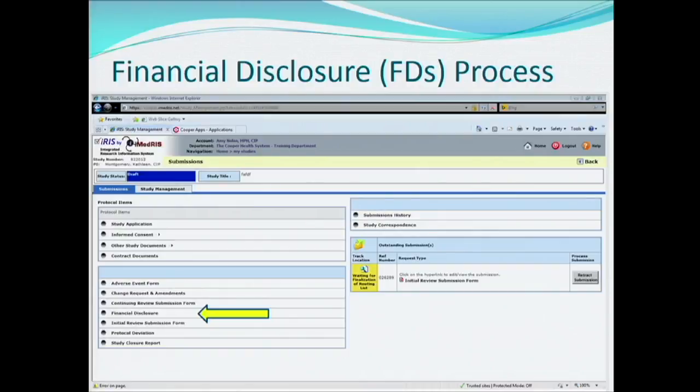So if you were going to do your initial submission, at the time that you complete your initial submission, you route it for sign-offs, you go in and you do your financial disclosures.